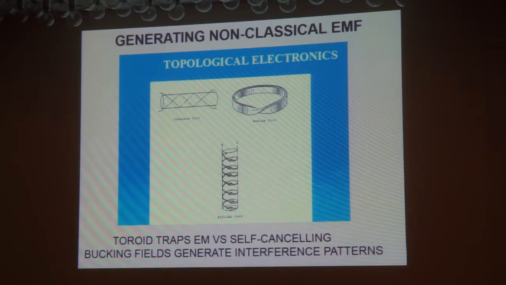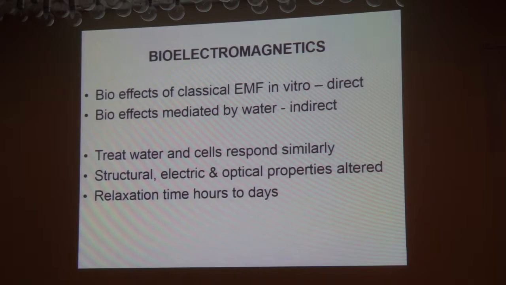In contrast, these three kinds of coil systems buck the electromagnetic fields by forcing them 180 degrees, and the actual force creates interference patterns which generate a non-classical electromagnetic field.